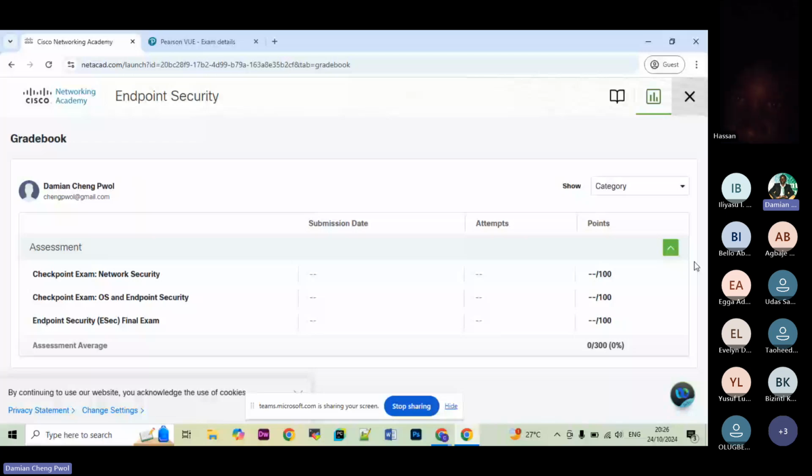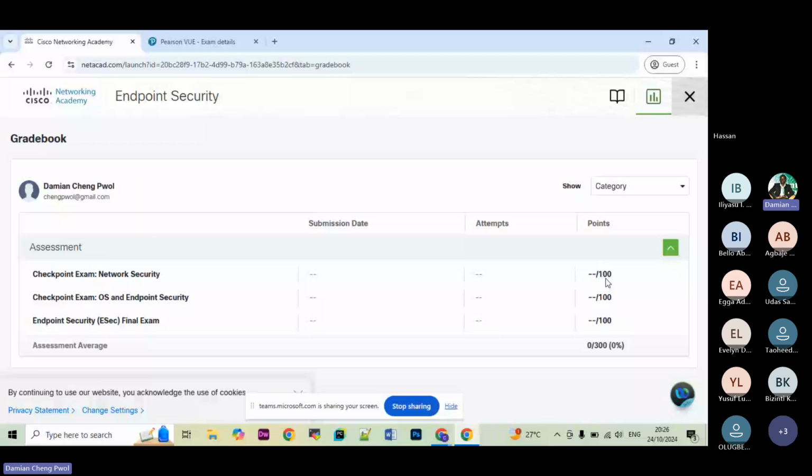The exams are not many. You can see you just have two checkpoints: checkpoint exam, network security, and checkpoint exam, OS and endpoint security, based on what I mentioned earlier. Each of these has a total score of 100, 100, 100.